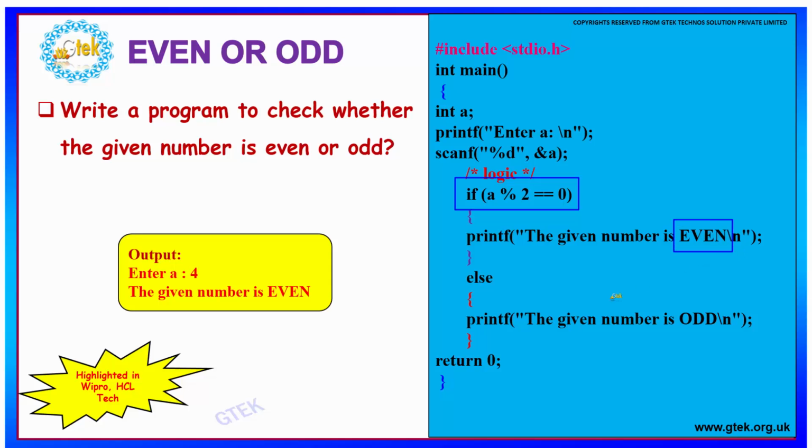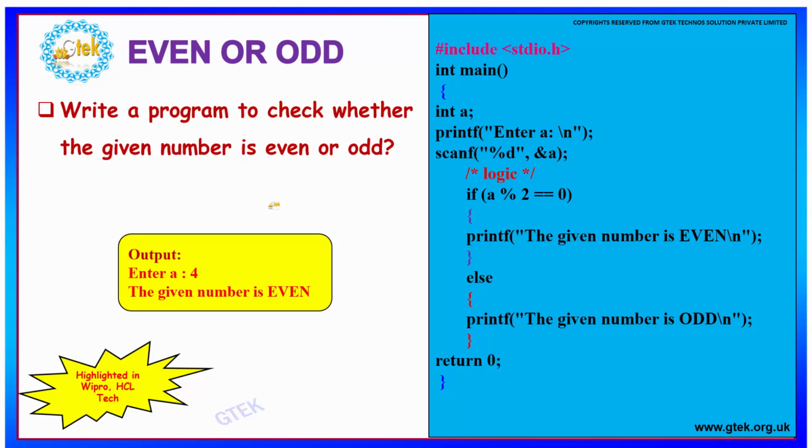Because it is divisible by 2, hence the number is even. And all other numbers which are not divisible by 2 will be odd. That is found using your if-else statement, with your condition being a modulus 2 equal to 0. So that is the logic of the program, and it is pretty simple, right?